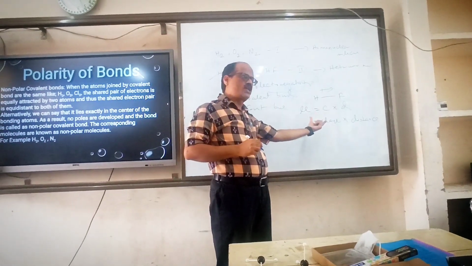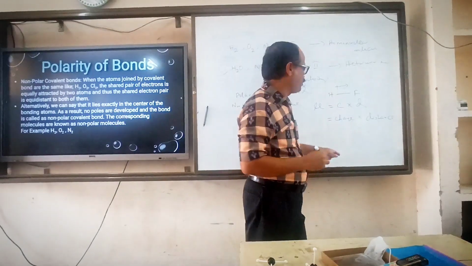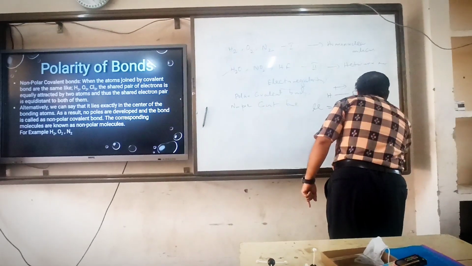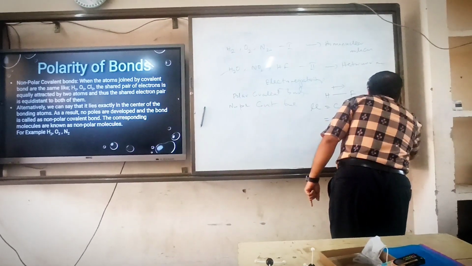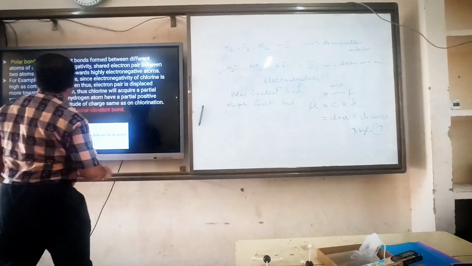Electronegativity difference is there, and the unit for dipole moment is Debye, represented as capital D. Now coming to next.